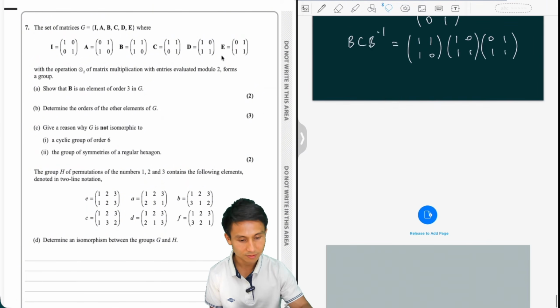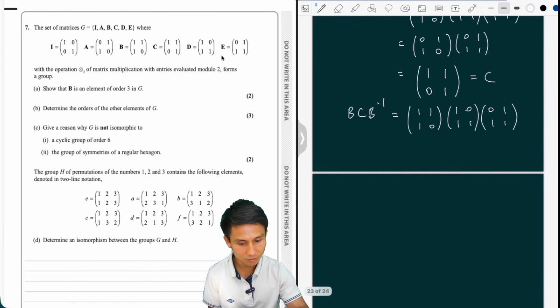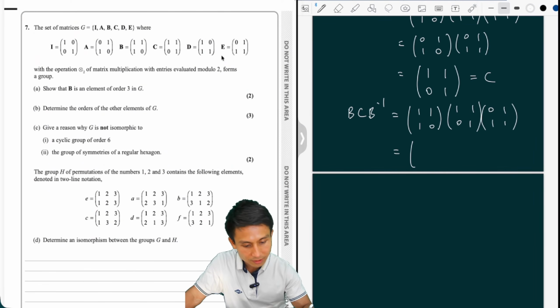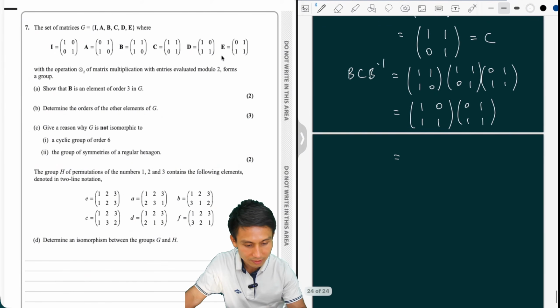Okay, so the middle one should now be C. So 1 plus 0 is 1, 1 plus 1 is 2, modulus 2 is 0, 1 plus 0 is 1, 1 plus 0 is 1. And this is 0 plus 0 is 0, 1 plus 0 is 1, 0 plus 1 is 1, 1 plus 1 is 2, modulus 2 is 0.